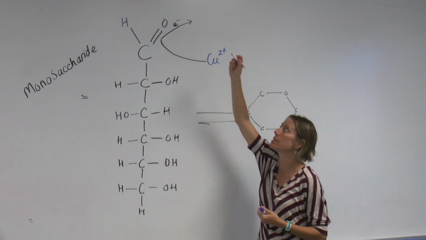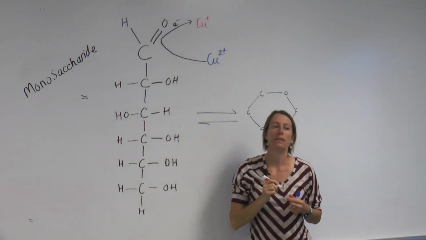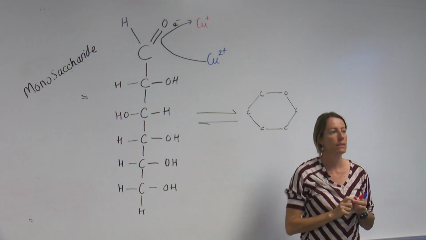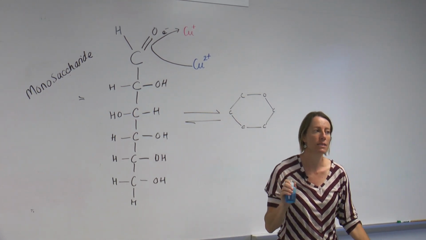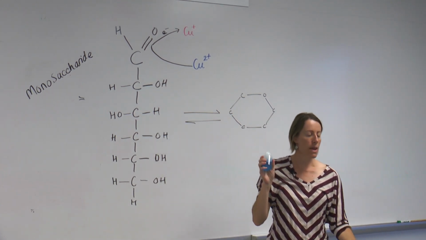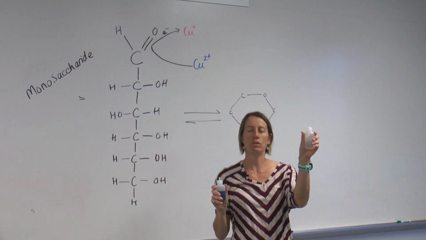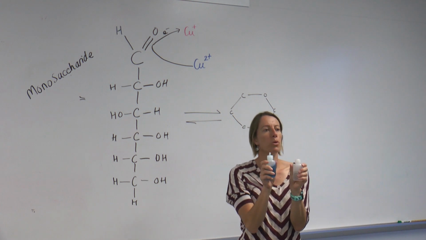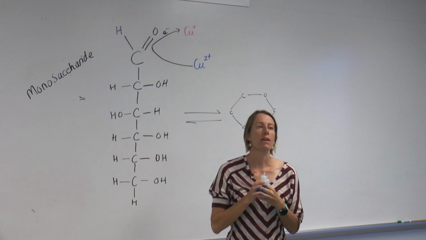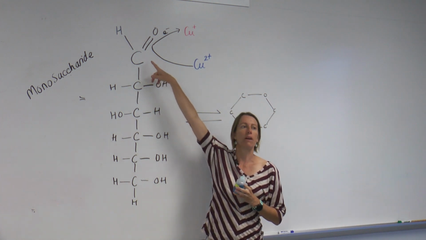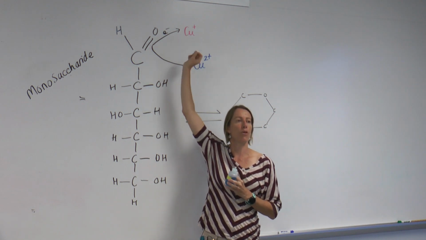And it just so happens that copper in its 1+ state is red. So copper 2+ is blue, copper 1+ is red. So if I was to mix my blue copper 2+ containing Benedict's with my mystery solution, and it goes from blue to red, that tells me that in here there is a monosaccharide molecule that has a carbonyl group that's giving the electron to the copper to make it go from blue to red.